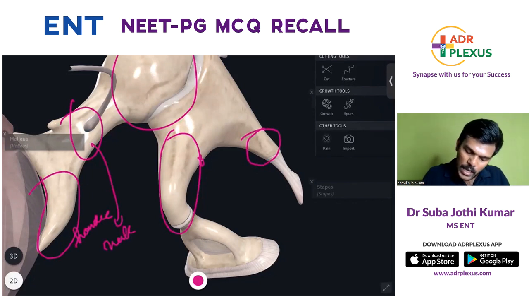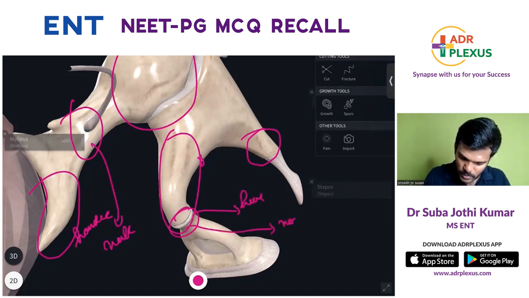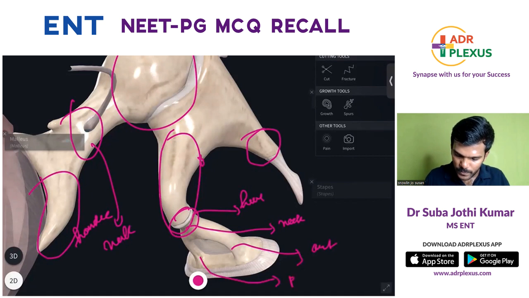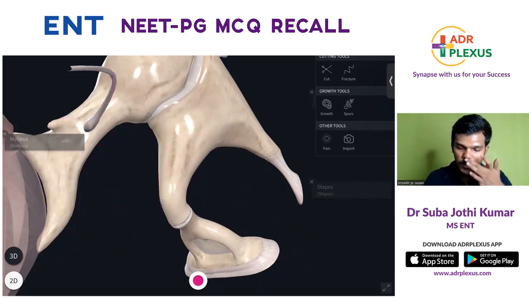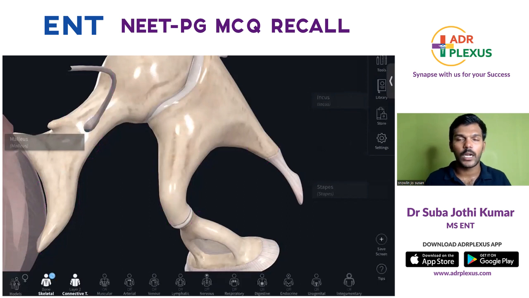Stapes: again, head of stapes, neck of stapes, then anterior and posterior crura. Clear? Yes. That should sum up the important anatomy associated with the three ossicles of the middle ear.